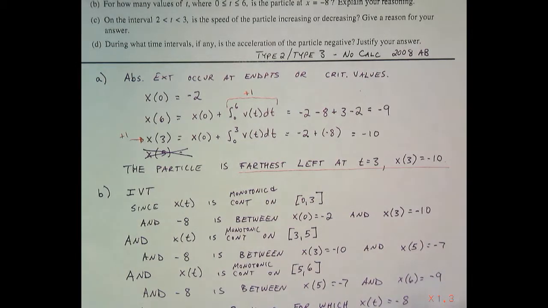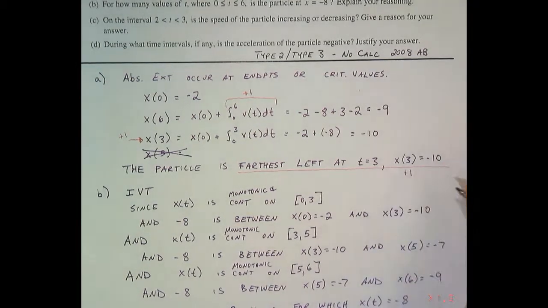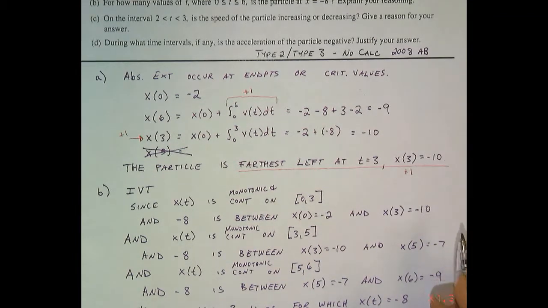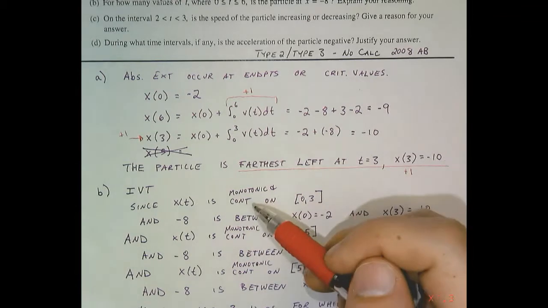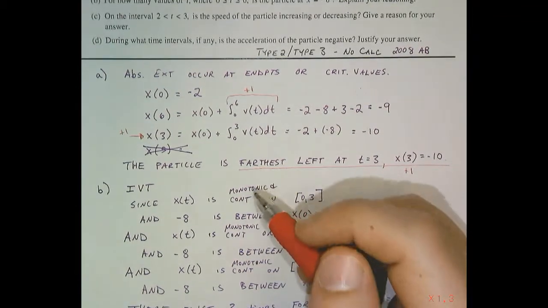Okay. Moving on to part B. Part B is also worth 3 points. You need to show the position at time 3, time 5, and time 6. So you need to show those 3 positions to get the first point. The next thing is to describe the motion.